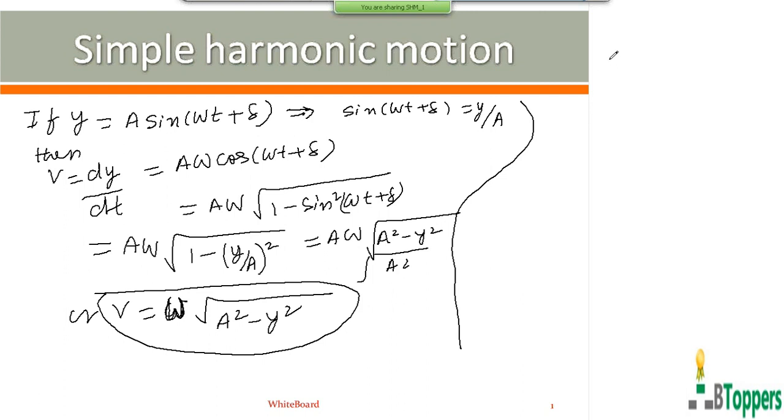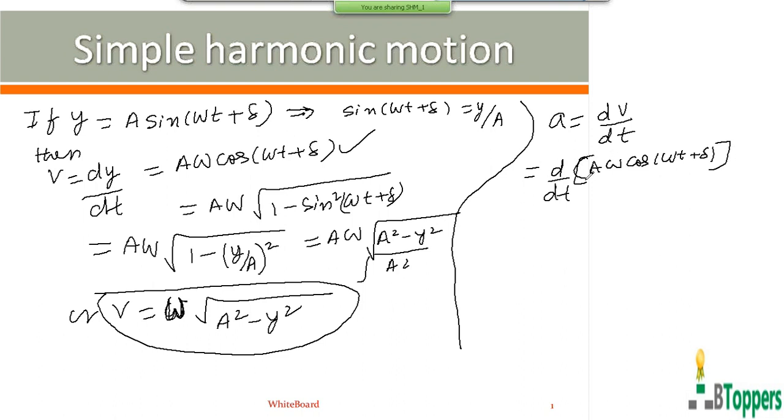Acceleration is given by the rate of change of velocity, dv by dt. Substitute this equation for v, a omega into cos of omega t plus delta. a omega is a constant, so it can be put outside the derivative symbol.